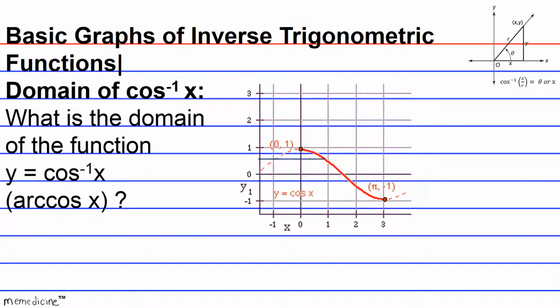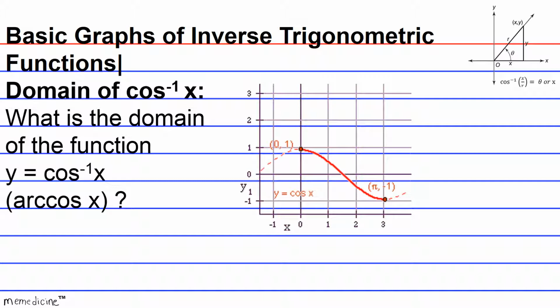It does not pass it because several elements in the domain can have the same dependent variable or y value. So that's not a one-to-one function, okay? And for us, that's not good in crafting the domain of our inverse function.